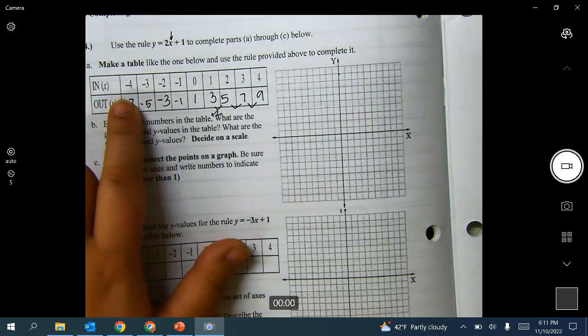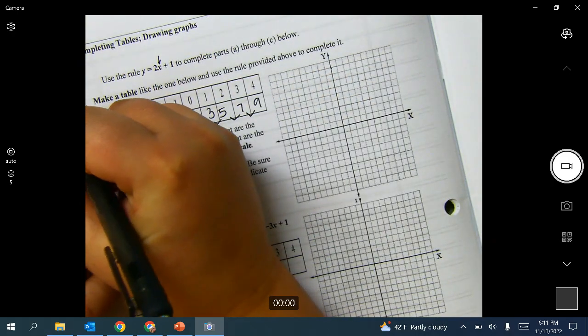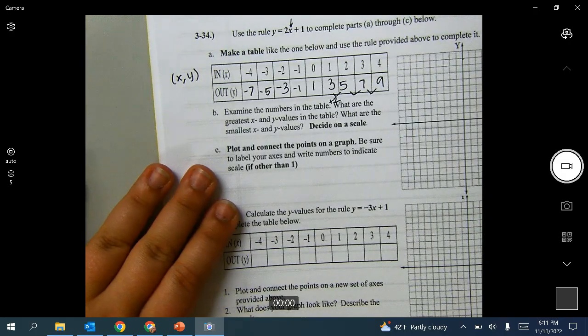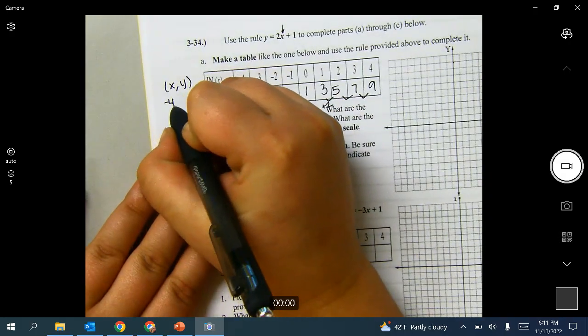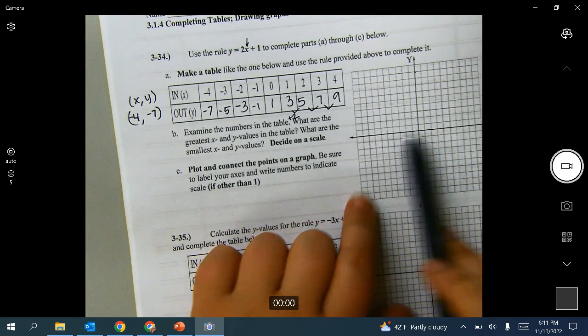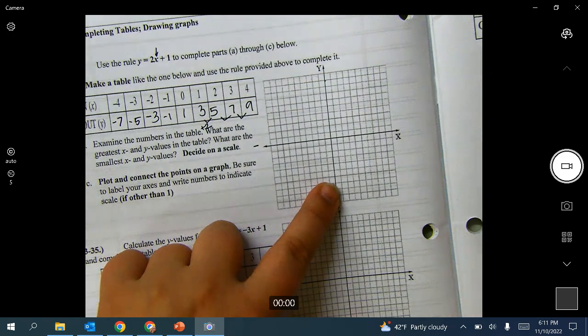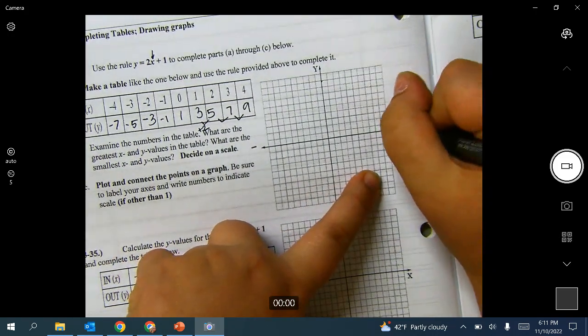All right, so starting with my first one, remember this is like a coordinate of x comma y. So I'm going to have negative 4 comma negative 7. On my x number line, I'm going to go over to negative 4. Remember, 0 is in the middle, negatives go to the left, and positives are to the right.